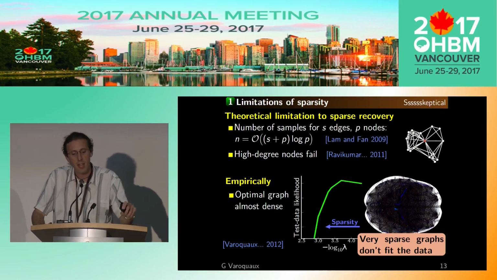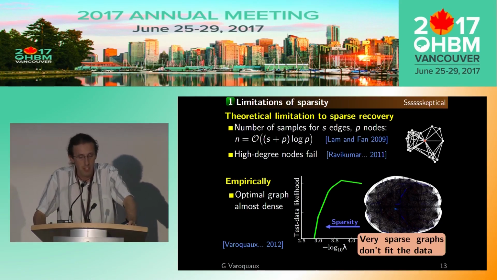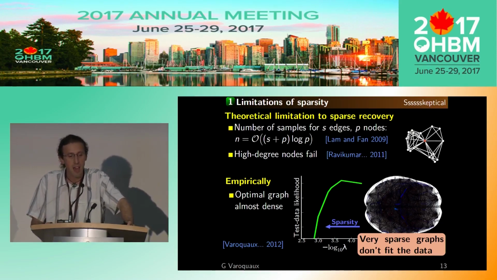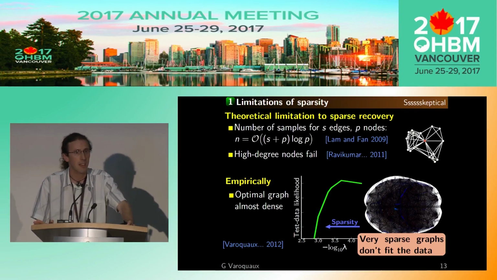Now there are really strong problems with sparsity. The first one is that theoretically you can show that you need a fair amount of data to recover edges. If I have S edges and P nodes, then I basically need S plus P log P samples. Quite quickly this becomes not possible in fMRI if I have, say, 200 nodes.